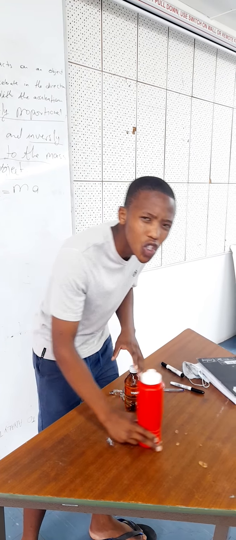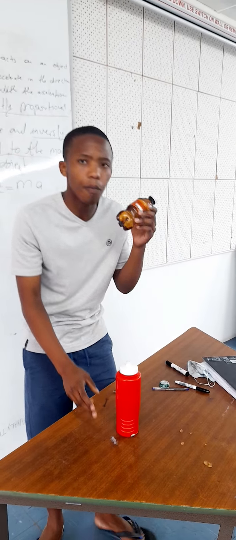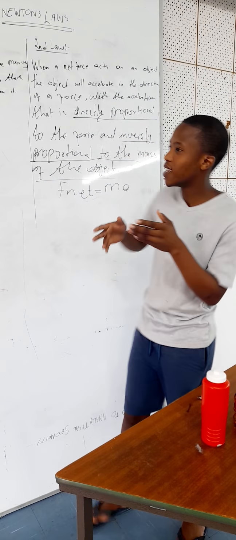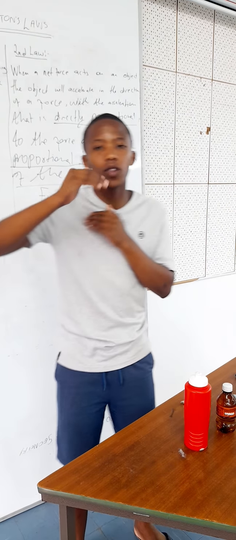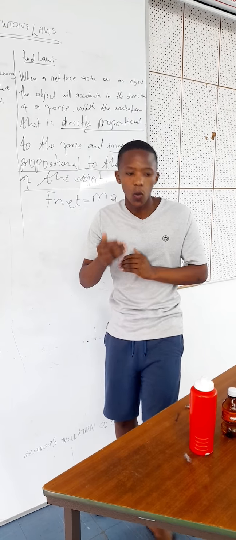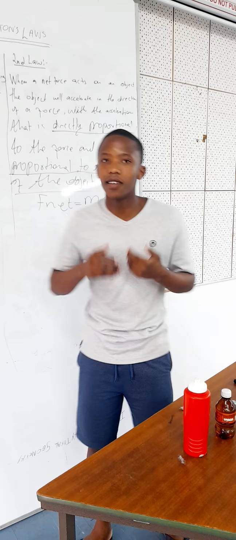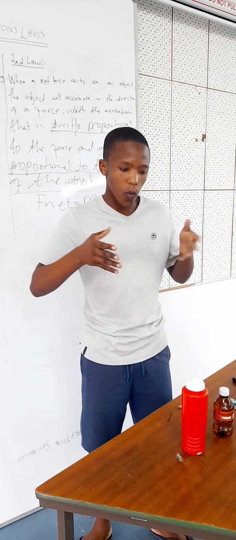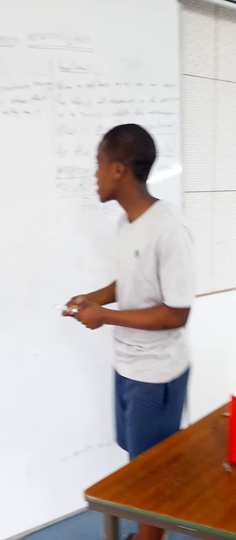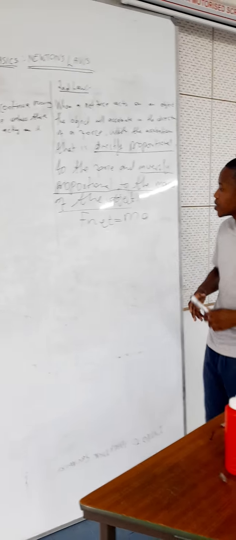It's moving too slow compared to this one. This proves that the more you increase the mass, the more the acceleration decreases, and the more we decrease the mass, the more the acceleration increases.